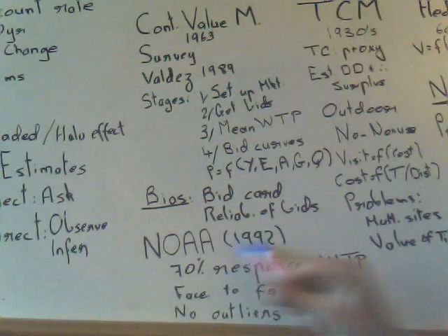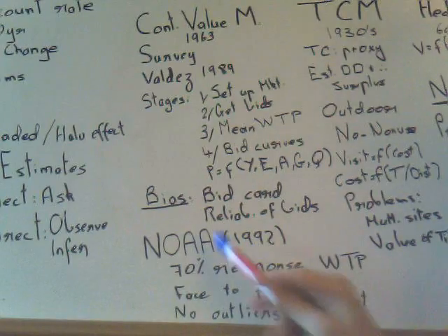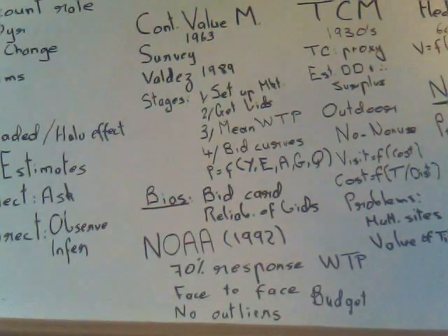Now, what did this panel that was assigned by the NOAA recommend? It was a panel, by the way, of the top economists in the country. From Arrow down the line, there were something like 5 or 6 really top economists in the country.